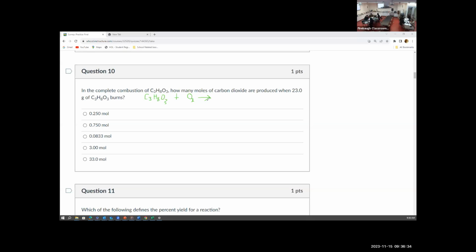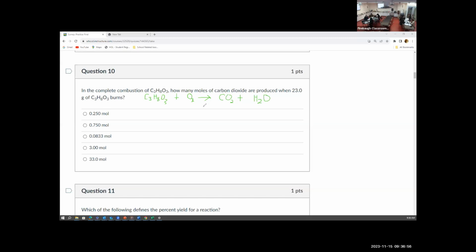And we're gonna make carbon dioxide and H2O. So always when we have combustion reactions of organic compounds, we're gonna make carbon dioxide and H2O.